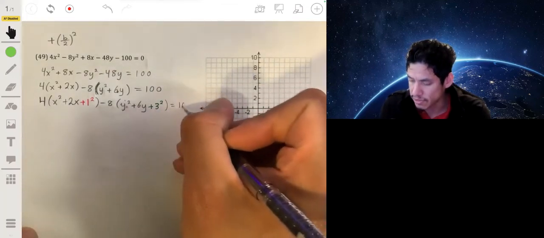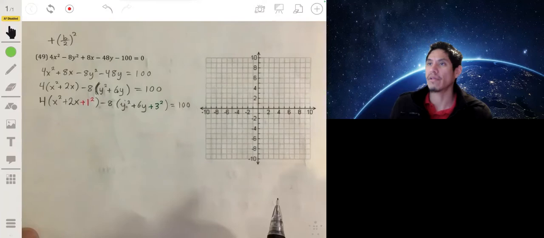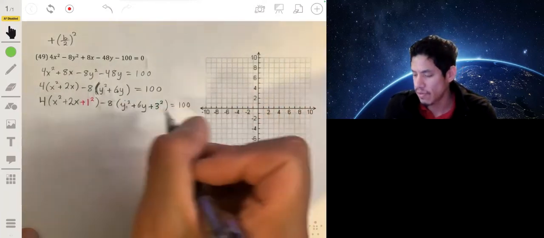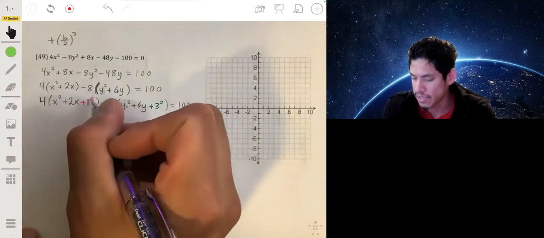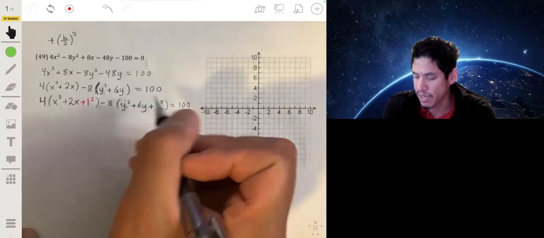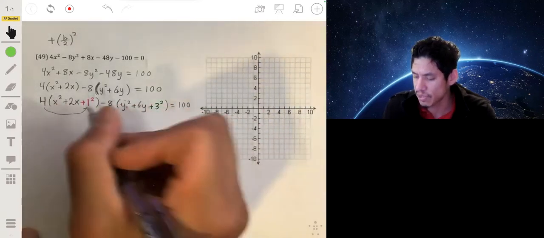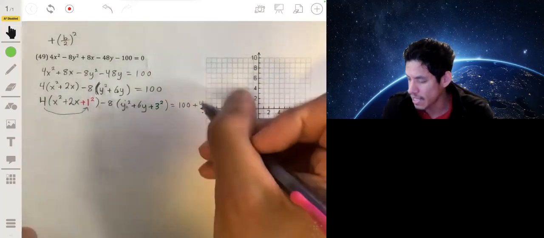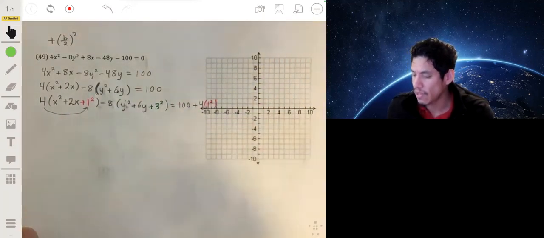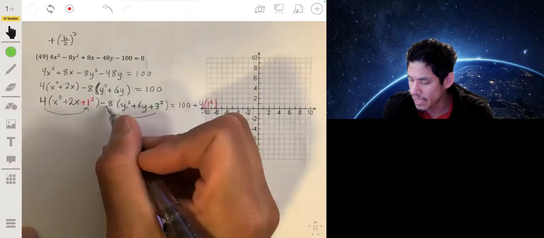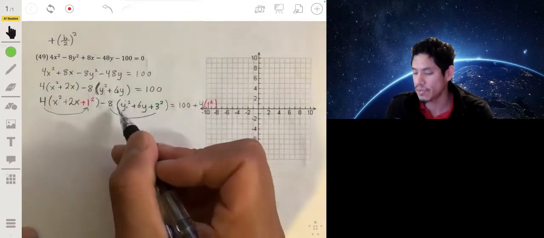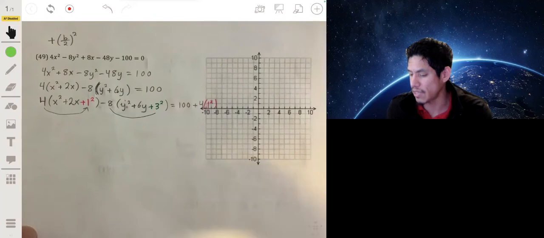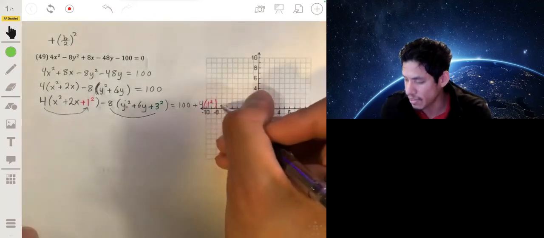It's equal to 100. Now, let's be aware that we're going to need to add not just 1 squared and 3 squared. We're going to need to add 4 times 1 squared to the right side, and then negative 8 times 3 squared to the right side. Be careful about that.